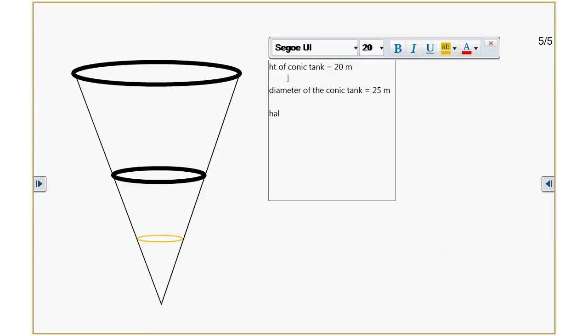Height of oil is 10 meters. Oil density is equal to 800 kilograms per meter cubed. You might want to highlight that because you're going to see that a good bit.